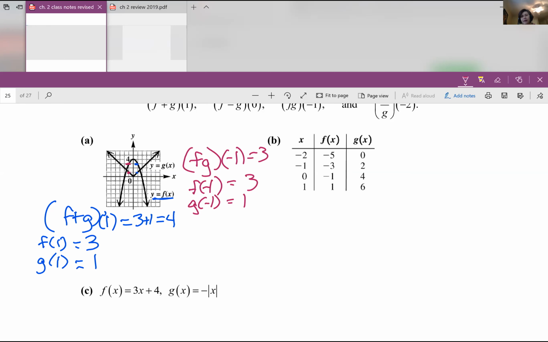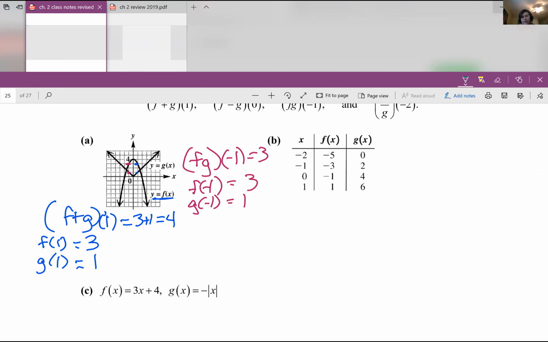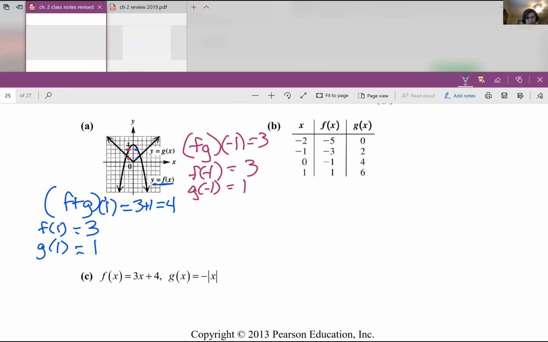I think we need to practice one more of these. Okay, let's do this one. We'll try division. It says f divided by g of -2. So let's see if you can figure that out. We'd need f of -2 first, and then we'll go get g of -2.